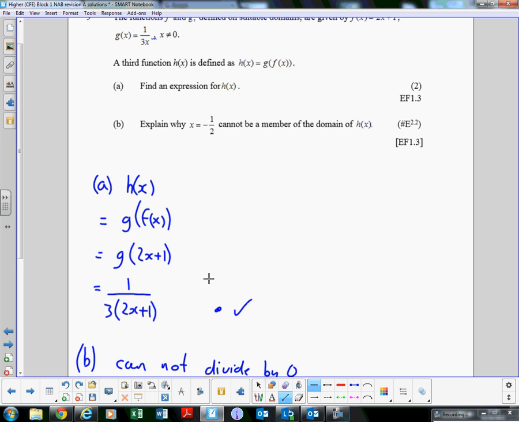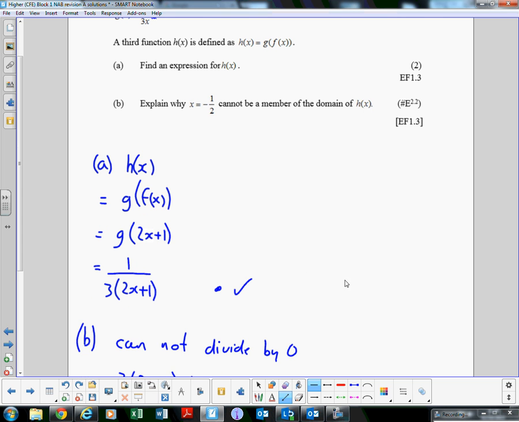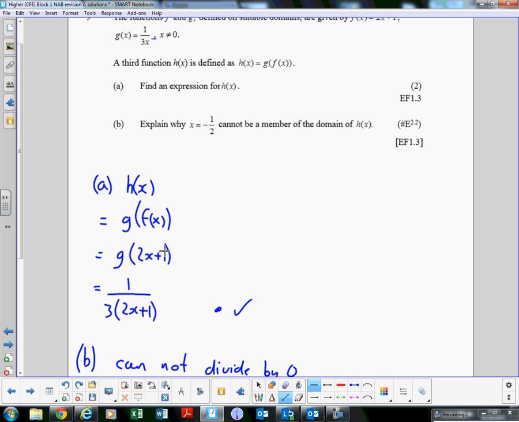The rule for g says 1 over 3 times what is in the bracket. So it'll be 1 over 3 times 2x plus 1. And that is g of f of x. So basically replace the x with whatever is in the bracket. So the x on the denominator here becomes 3 bracket 2x plus 1.